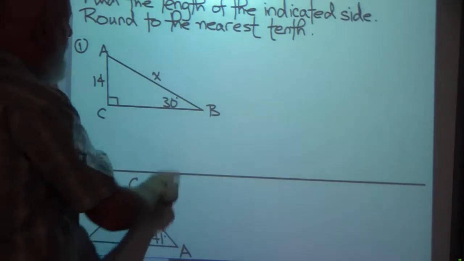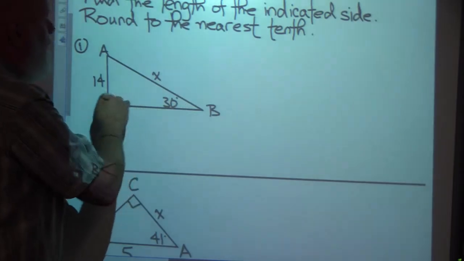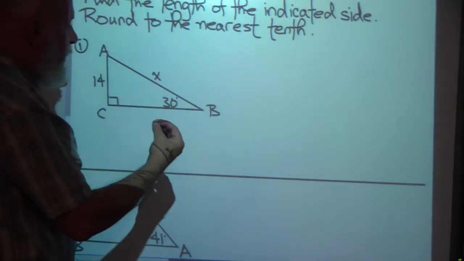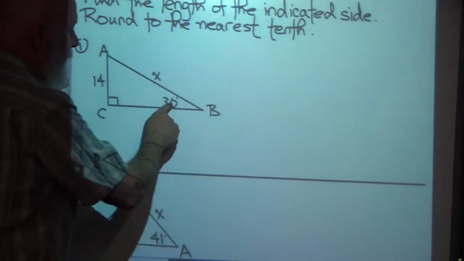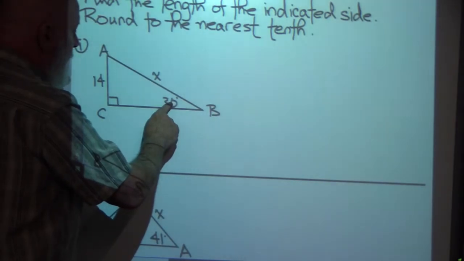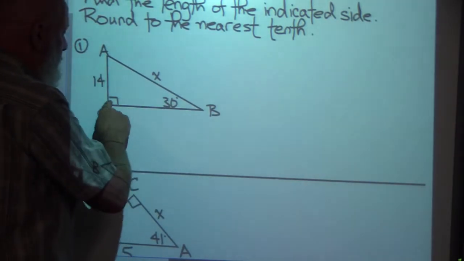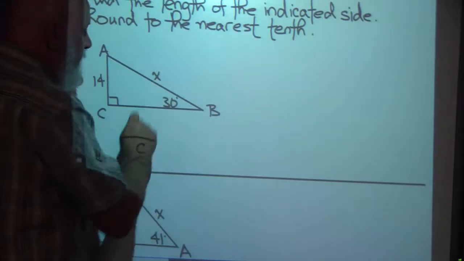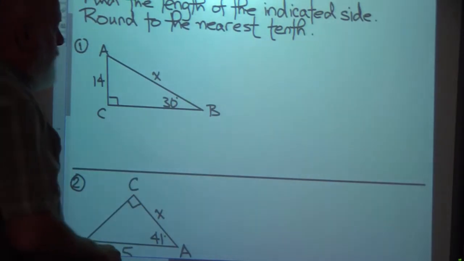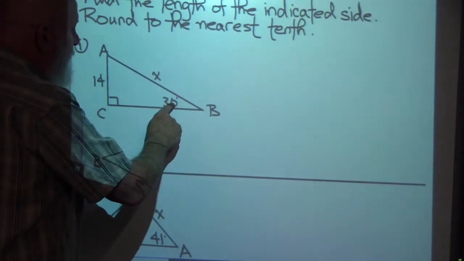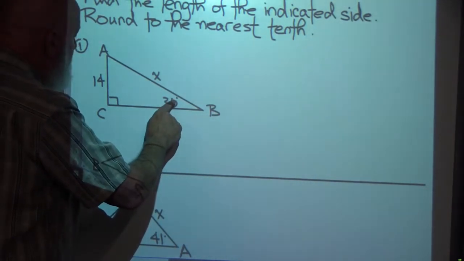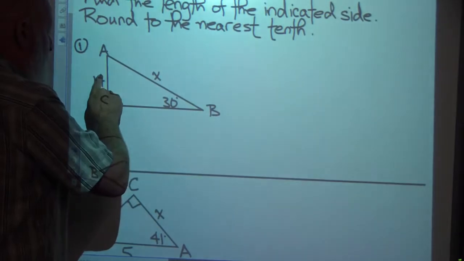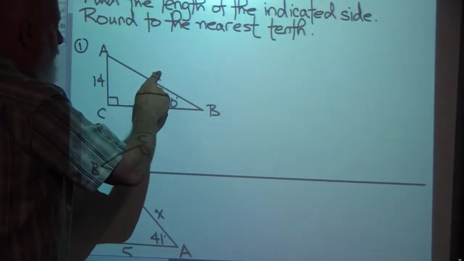So what I'm going to do is look at this and try to determine which trig function I could use from the perspective of 30 degrees that would involve a side that I do know and the side that I don't know, which in this case is the hypotenuse. So since this is 30 degrees, from this perspective, I'd say, well, the sine function involves opposite over hypotenuse.